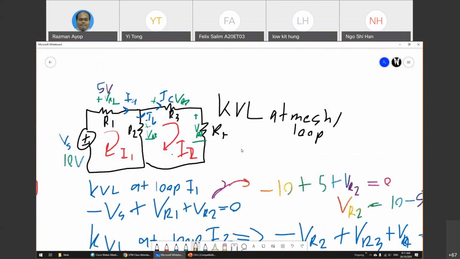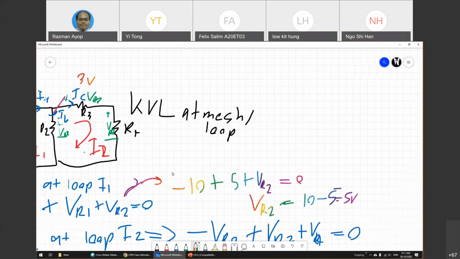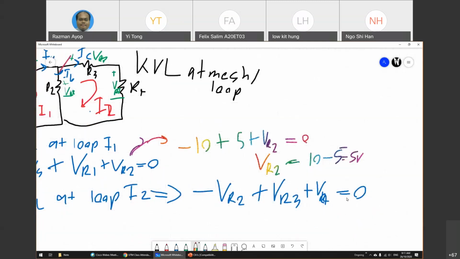For example, if you apply here again, I said that this is 3 volt. We have already done the loop here. So negative VR2 is 5 volt because we already wrote this.